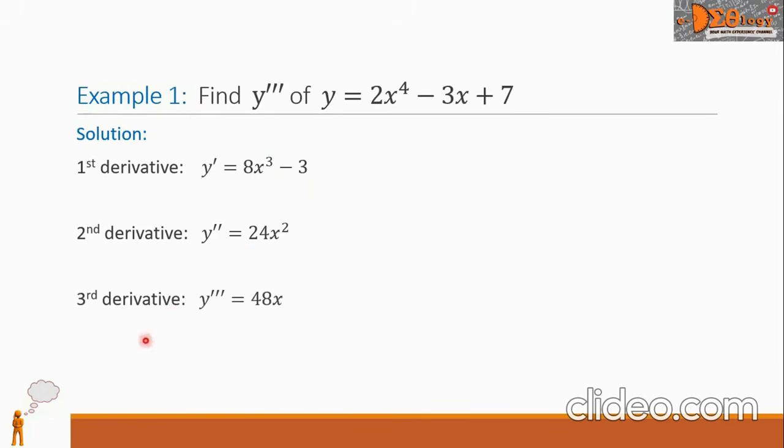For the third derivative, that is y triple prime, it is equal to power 2 multiplied by 24, which becomes 48 times x raised to the power 2 minus 1. So we simply put here x. So y triple prime is equal to 48x. This is our final answer.